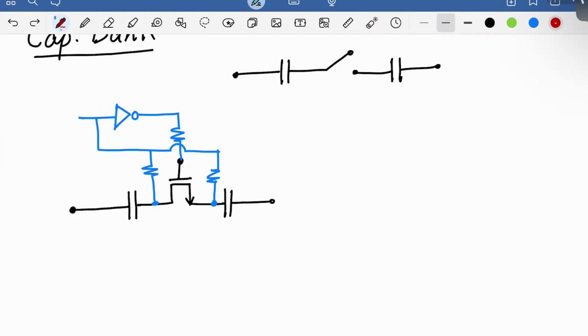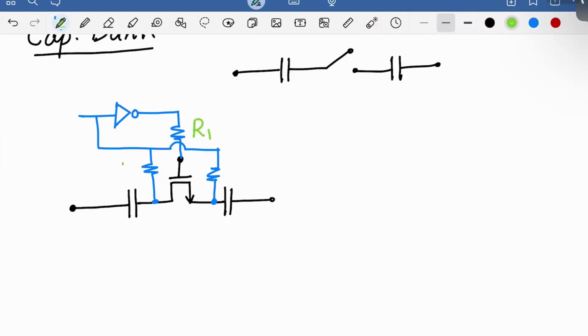So why do we need these resistors? Well, you want these resistors to be there so that the RF doesn't leak into this path, right? So it should look like open circuit to RF, but you obviously can't make those resistors very large. So let's actually discuss the trade-offs of all these resistors and devices, right? So I'll call this R1.